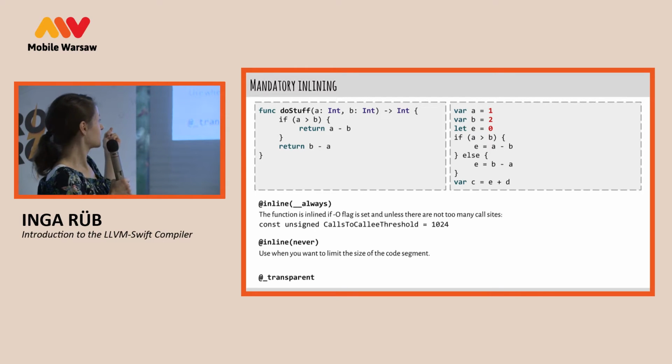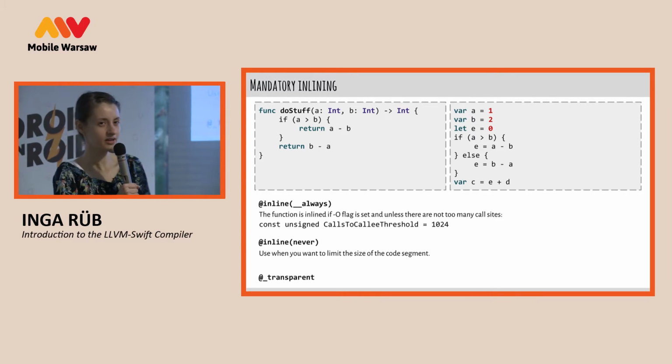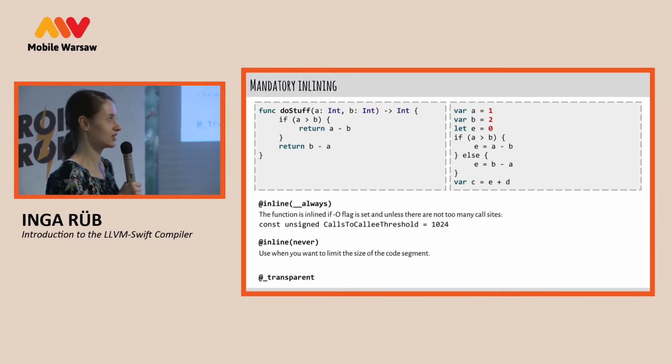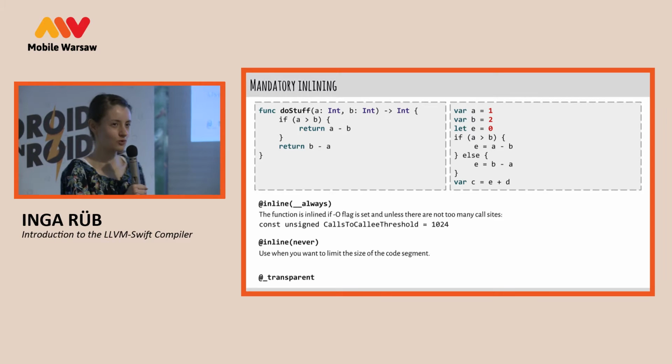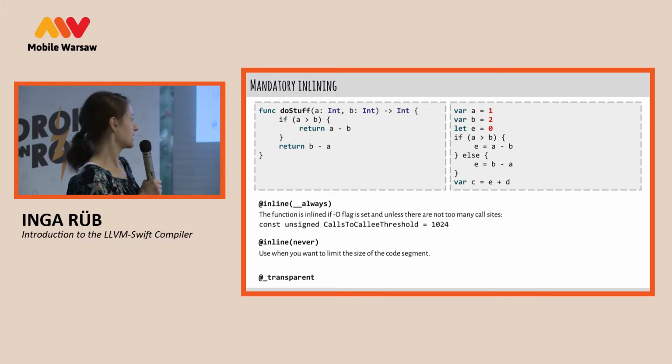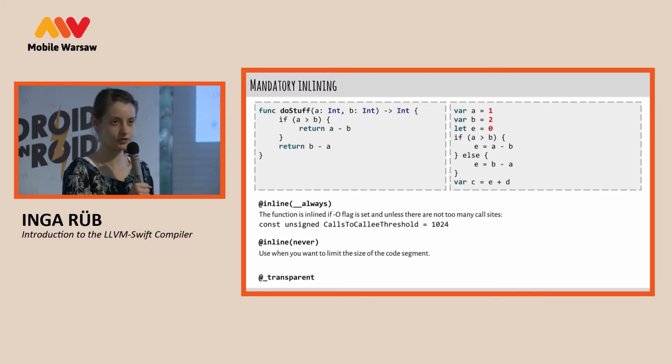And you have also the keyword inline never to tell the compiler, oh, I know you might want to inline the function because it seems to improve the performance, but I don't want the size of my binary to be bigger, so please don't do this. And then you use the keyword. But also there is one keyword that is, as I said, maybe not very well known. It's the keyword transparent, and it tells the compiler to inline the function no matter what.